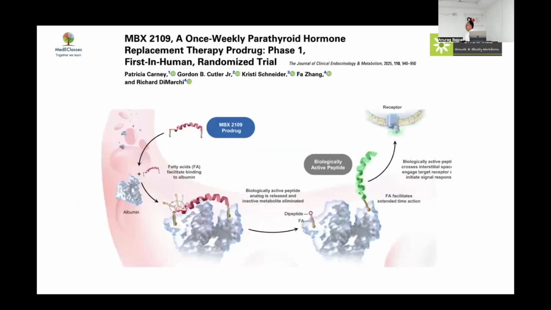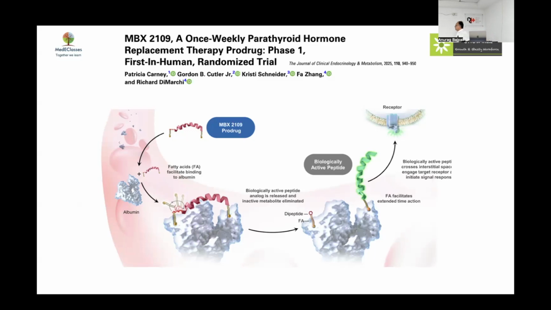The second study is, it's not more of a phase 1 trial, but just an update. We know that parathyroid hormone is being used for treatment of hypoparathyroidism. The problem there was that it's a daily injection, and daily injection causes a lot of fluctuations. Levels can go up and down. So now we have a once weekly PTH, which has already been developed.